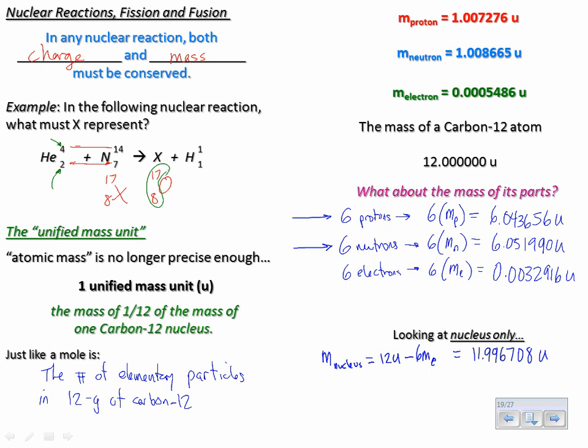Well, clearly, the sum of the nuclear components is more than that, right? Not a lot more. If I take these two numbers and add them up, 6.04366, just checking, plus 6.05199, that gets me the mass of the parts, which is really 6 proton masses plus 6 neutron masses.